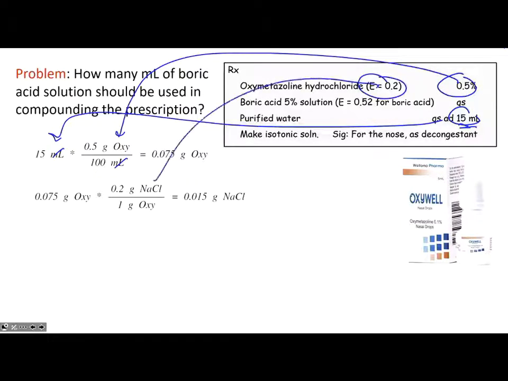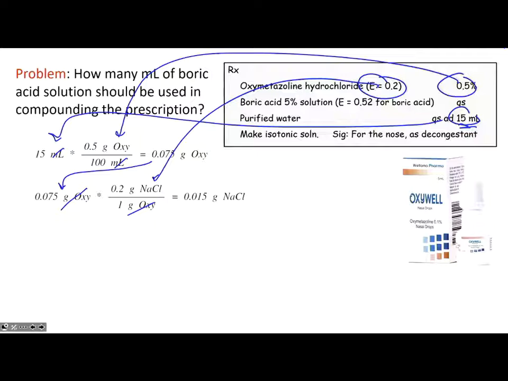So now I'm going to use the E value, take the same answer and just continue on and take the 0.075 grams of oxymetazolone times its E value expressed as 0.2 grams of sodium chloride per gram of drug. That's why I emphasize that, because now grams of drug cancel, and what I have now is a weight, 0.015 grams of sodium chloride. Is that sodium chloride actually in the oxymetazolone? No, it's an equivalent amount. It's saying that that's the amount of sodium chloride that amount of oxymetazolone mimics osmotically, all right?